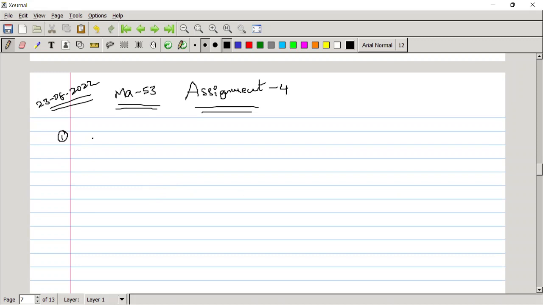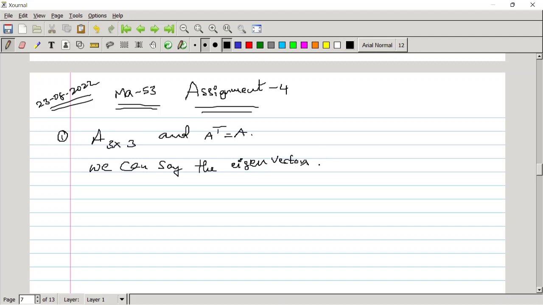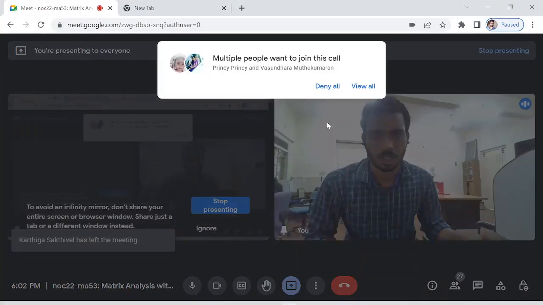So the first option is given, A is 3 cross 3 and A transpose equal to A. From this we can say the eigenvectors of A are orthogonal. So from among the options we will check which one is the set which contains orthogonal vectors.